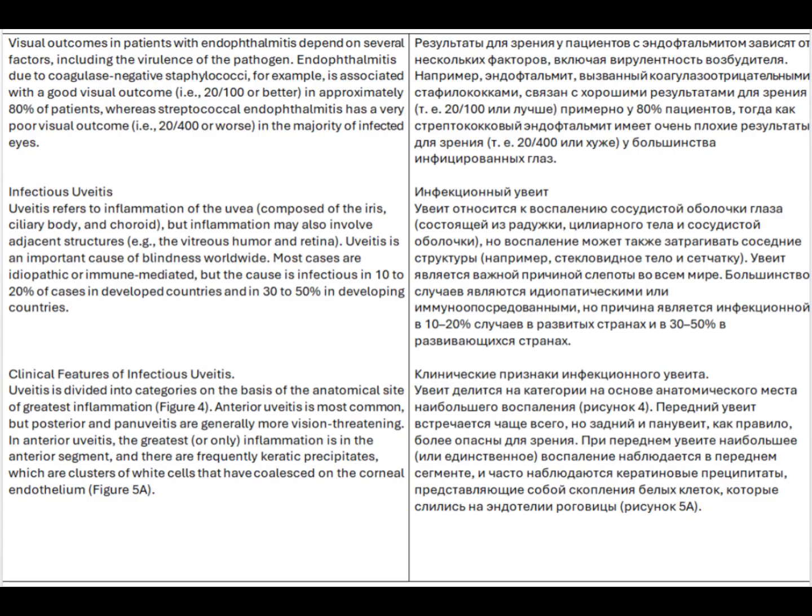Clinical features of infectious uveitis. Uveitis is divided into categories on the basis of the anatomical site of greatest inflammation, figure 4. Anterior uveitis is most common, but posterior and panuveitis are generally more vision-threatening.